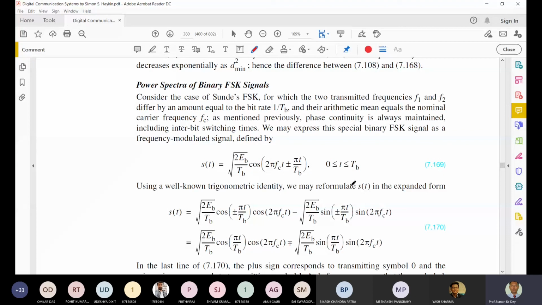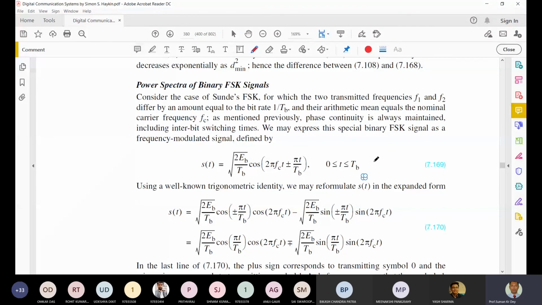To discuss the power spectrum, we consider the frequency modulated signal, which is equal to square root of 2Eb by Tb cos of (2 pi fc t plus or minus pi t by Tb) for t belonging to 0 to Tb. Basically this is a frequency modulated signal.